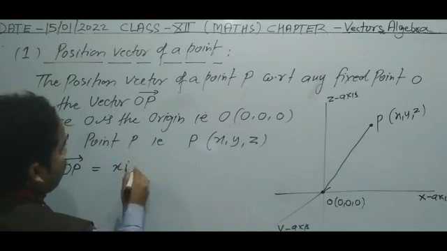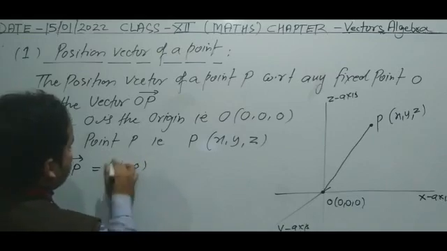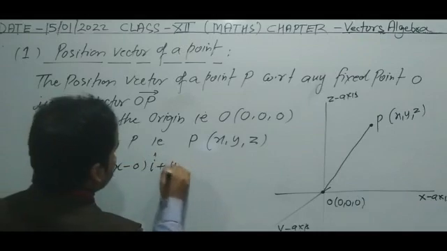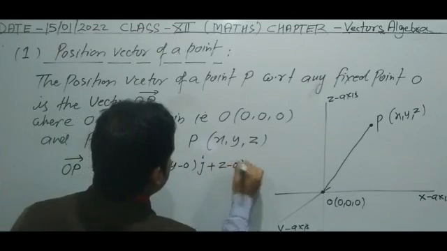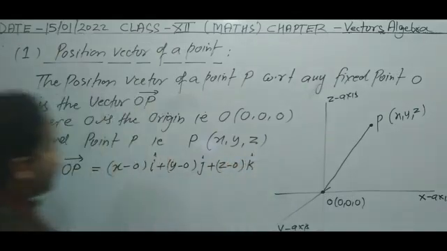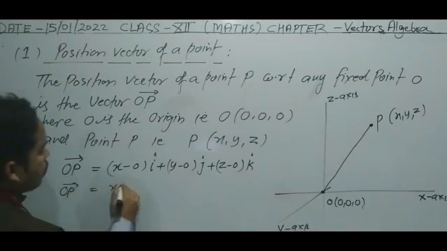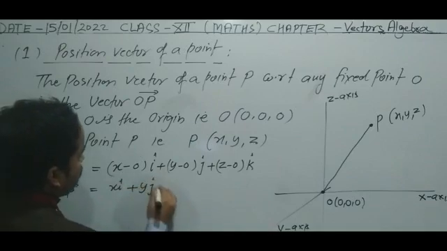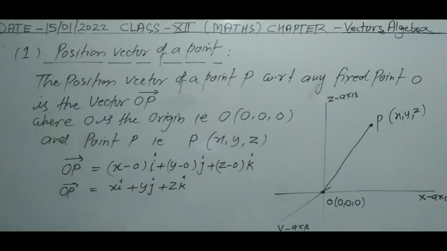(x minus 0) i plus (y minus 0) j plus (z minus 0) k, and OP is equal to xi plus yj plus zk, where i, j, k are the unit vectors.